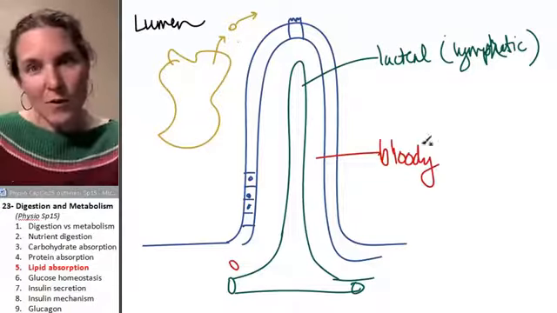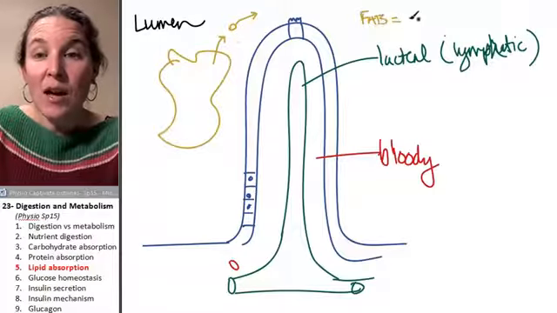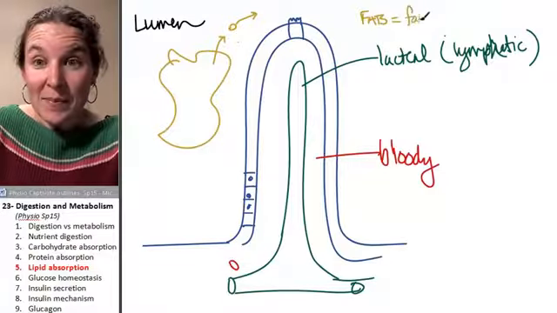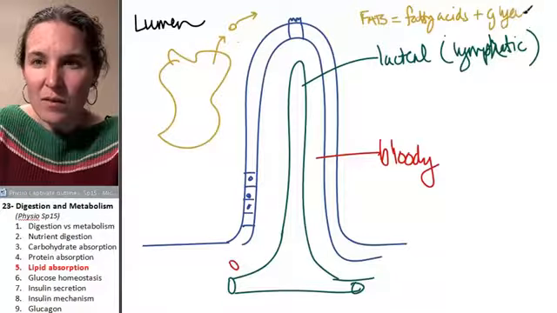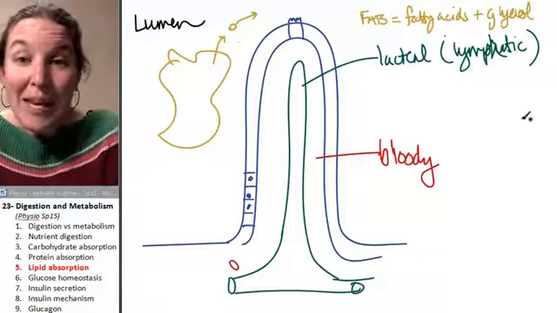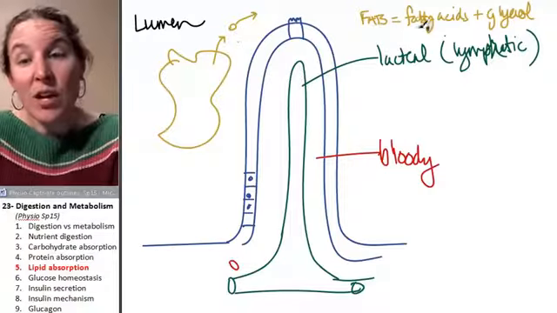You remember this from Bio 1. Fats are made of fatty acids and glycerol. So your lipases, fat breaker-uppers, are going to break your fats into fatty acids and glycerol.